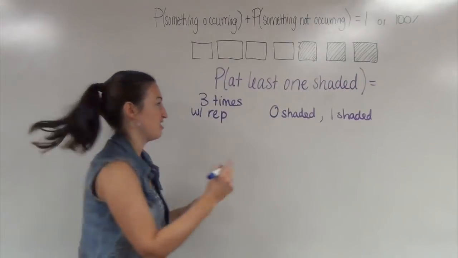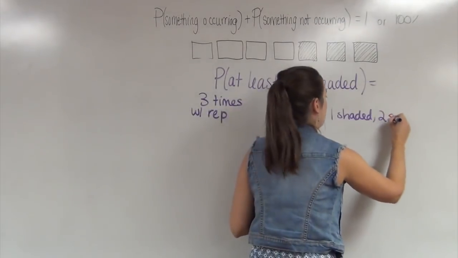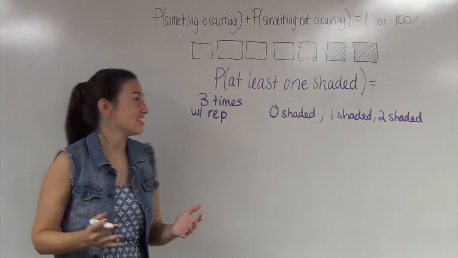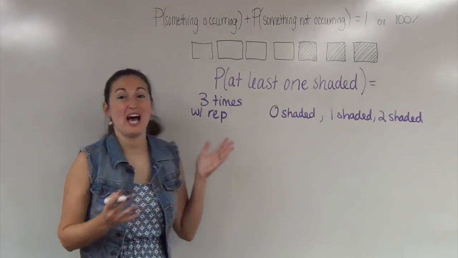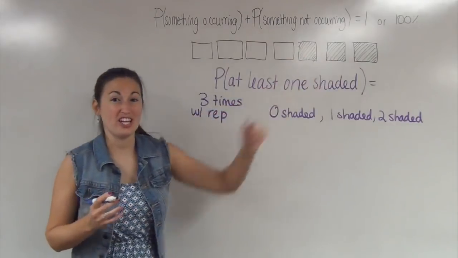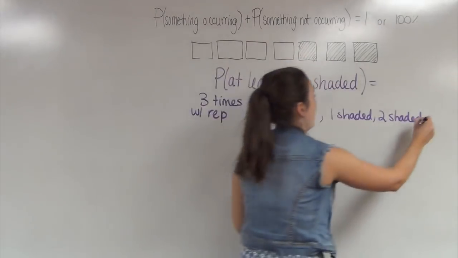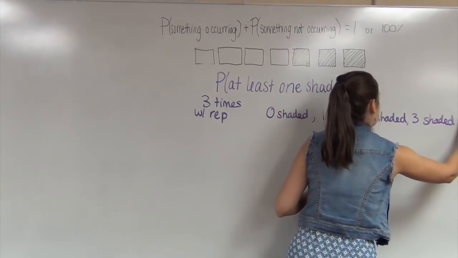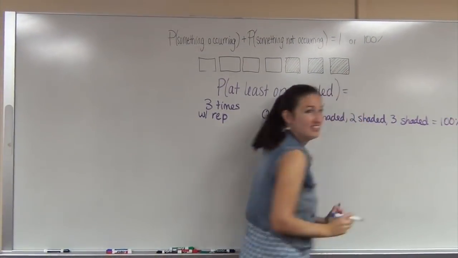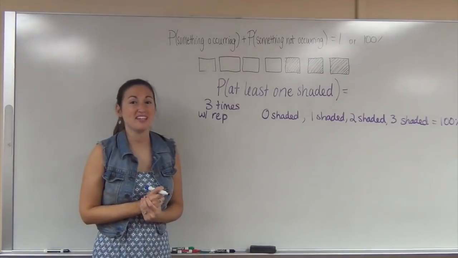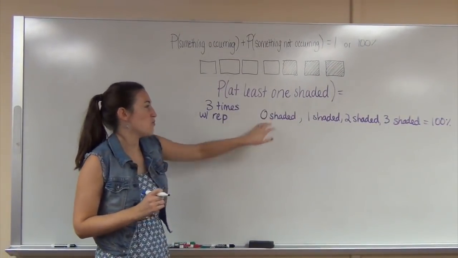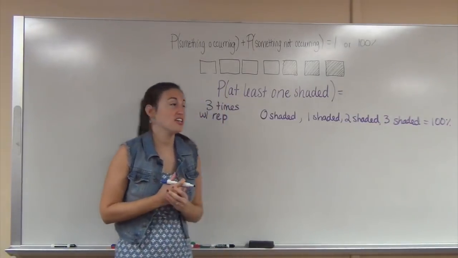If I'm drawing 3 times, I could get 2 shaded tickets. And then lastly, I could get lucky all 3 times and actually get the 3 shaded tickets when I draw out of here. And these are all of my options, right? So all of these together gives me 100%.